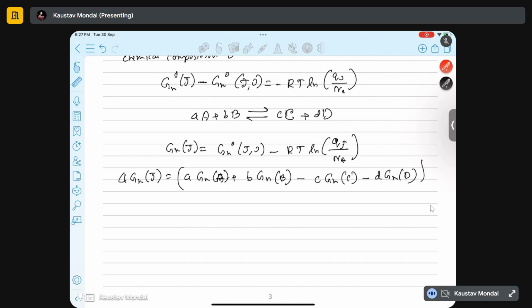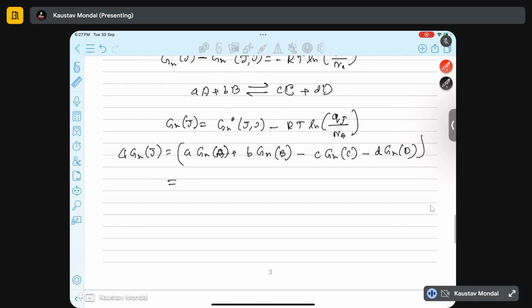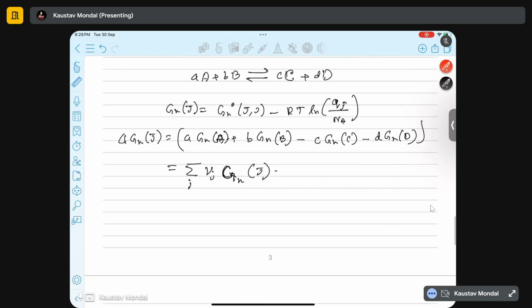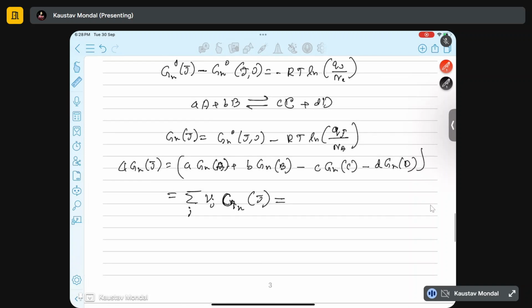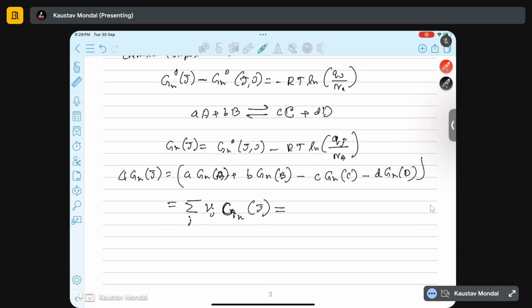You can write it like this, or we can write it in terms of a summation over J of nu J times Gm,J.